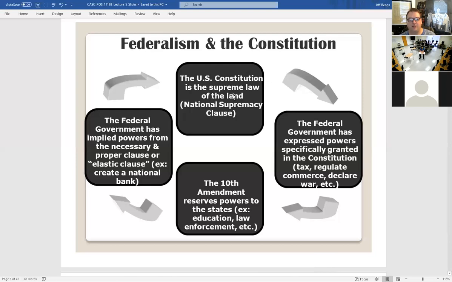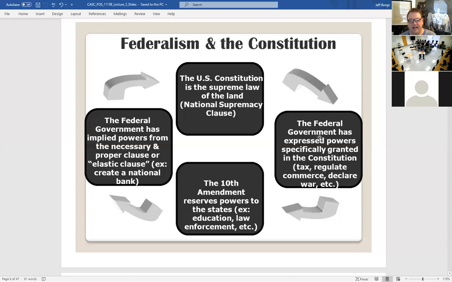The Constitution is the supreme law of the land, which gives the federal government clear powers or expressed powers. In other words, these are powers that are specifically given in the Constitution to the federal government.